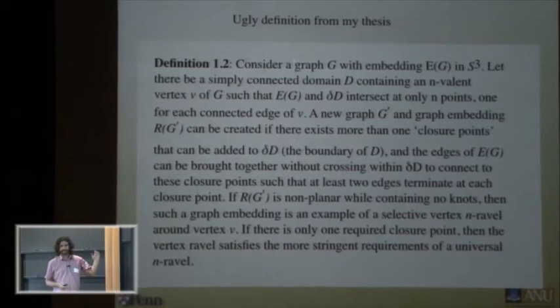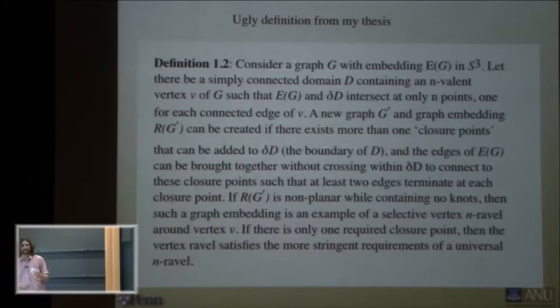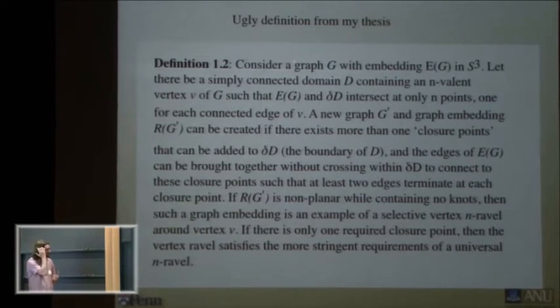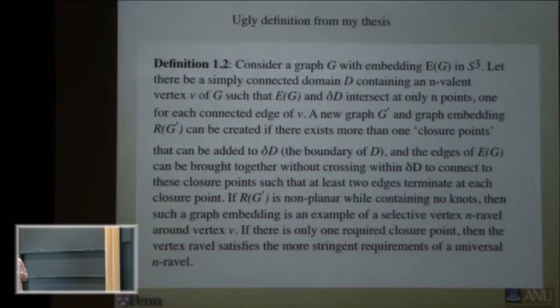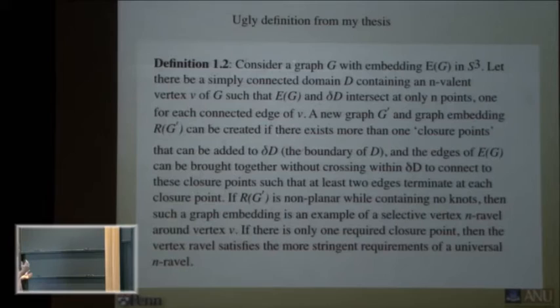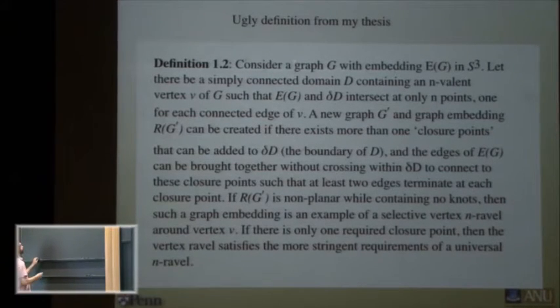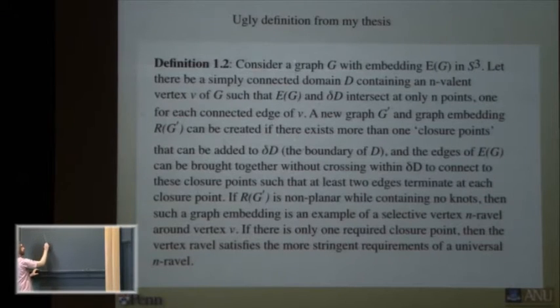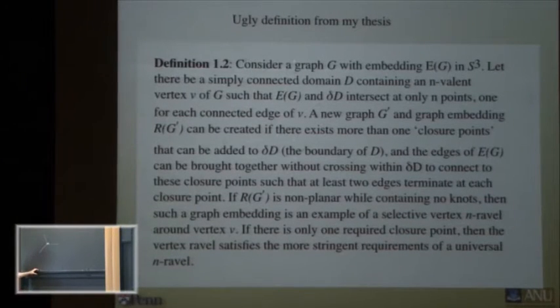So here's a really ugly definition. I encourage you not to look at it, because they're sneaky enough that I haven't worked out how to concisely define them, which is the real problem. But to give you one version, if we have a vertex, I'll just make it a 3-valent vertex, then you have a ravel.